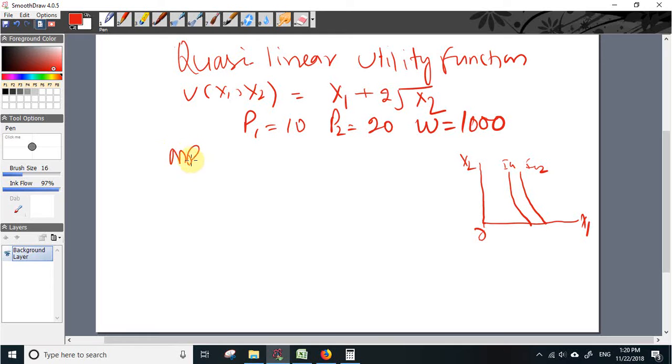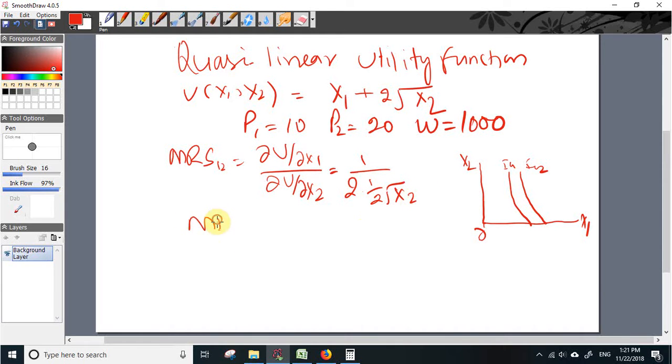So we find the marginal rate of substitution, which is the marginal utility of x1 divided by the marginal utility of x2. This is 1 over 2 times 1 by 2 under root of x2.